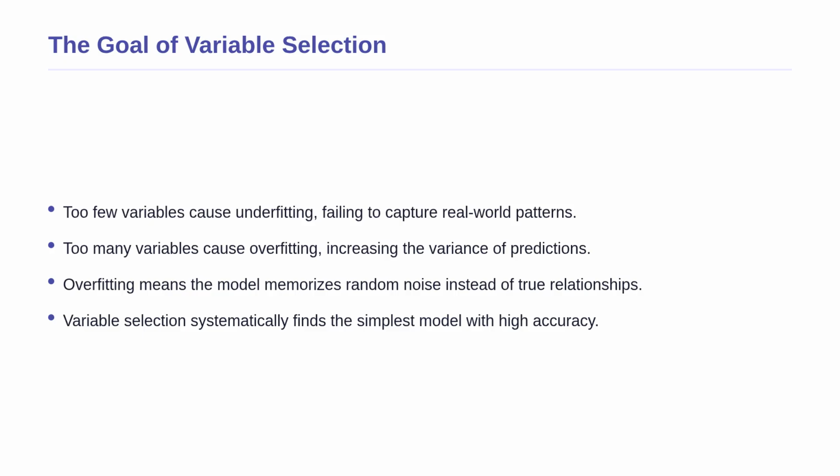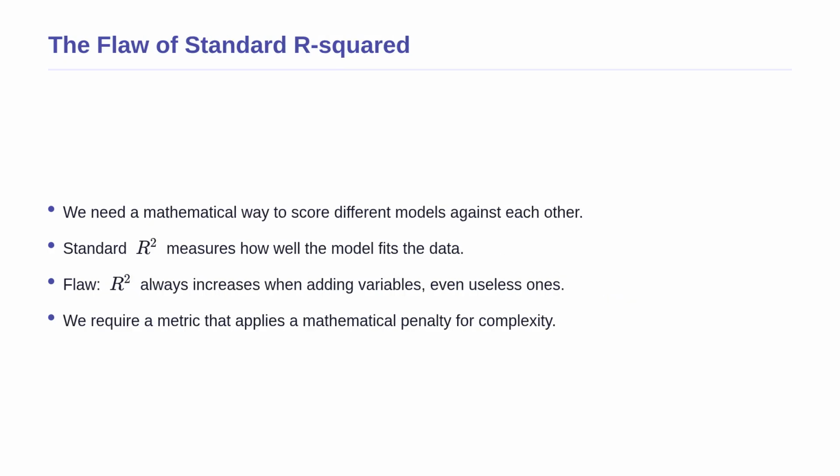Overfitting means the model memorizes the random noise in our specific sample data, rather than learning the true underlying relationship. Variable selection is the systematic method of evaluating different combinations to cut out the useless data, allowing the true pattern to shine through.